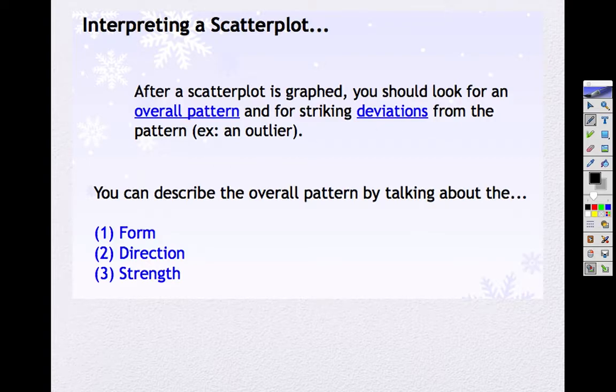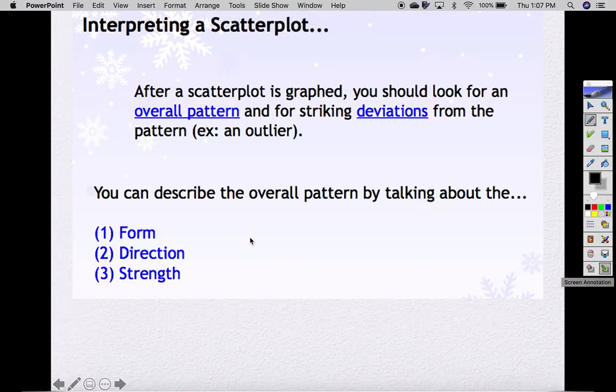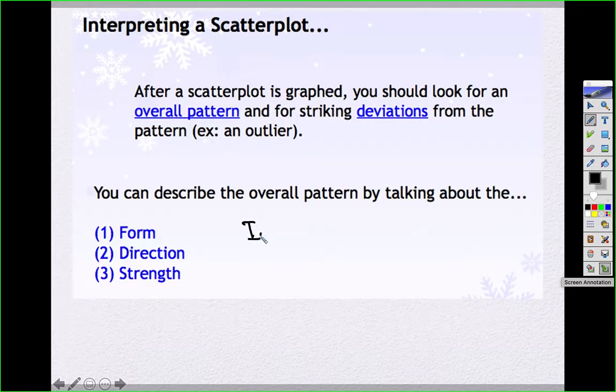So the first thing we're always going to have to do is either make a picture or look at a picture. So just a quick reminder, how is a scatter plot made? I'll do a very quick one. We would have individuals, and we'll call them individual 1, individual 2, individual 3. Let's say we were looking at two tests.